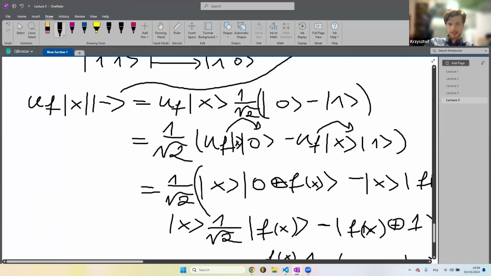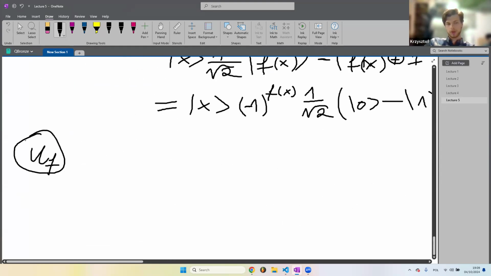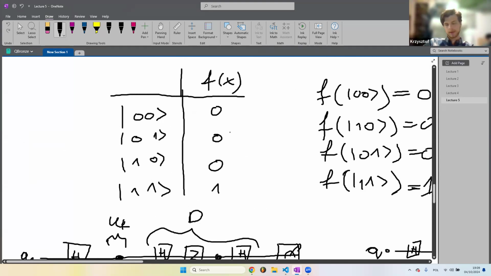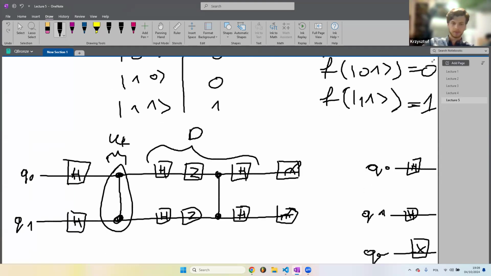So in this example, we know that in general we don't know the form of this oracle, but for the sake of the experiment, once again, we will try to formulate a physical gate.